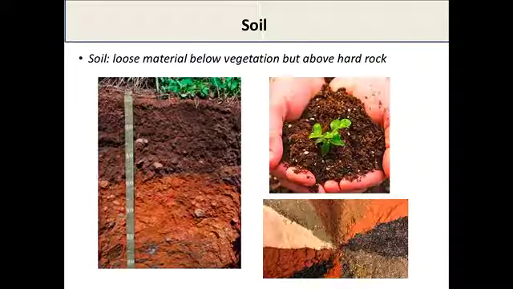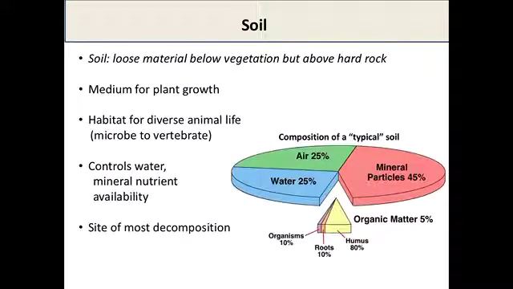For definition, we can consider soil to be loose material below vegetation but above hard rock. However, there's a lot of variability within soil. It's the primary medium in which plants grow. It also hosts a large diversity of animal life and microbial life.